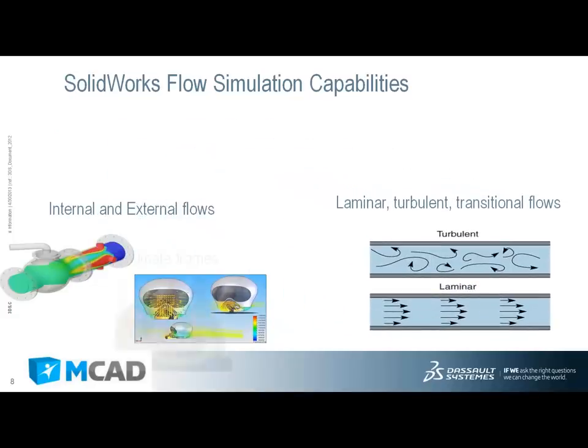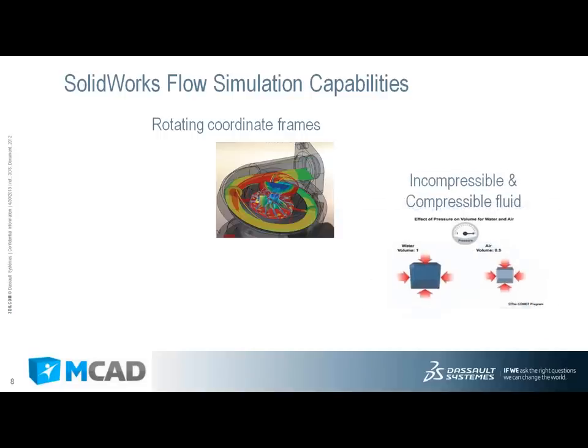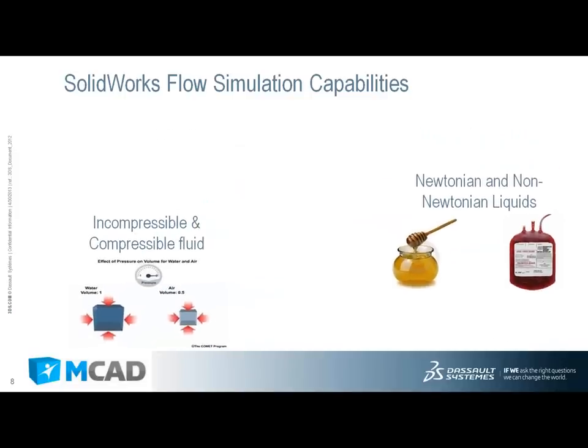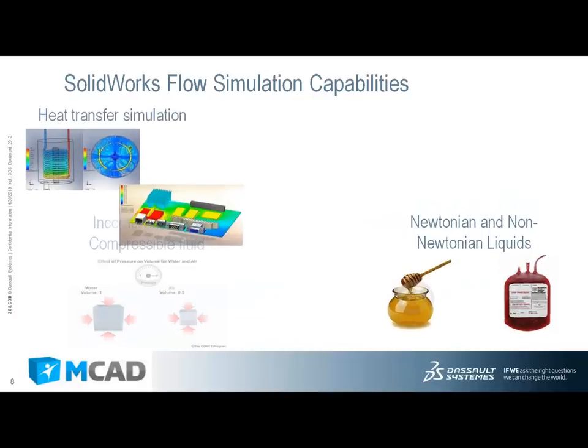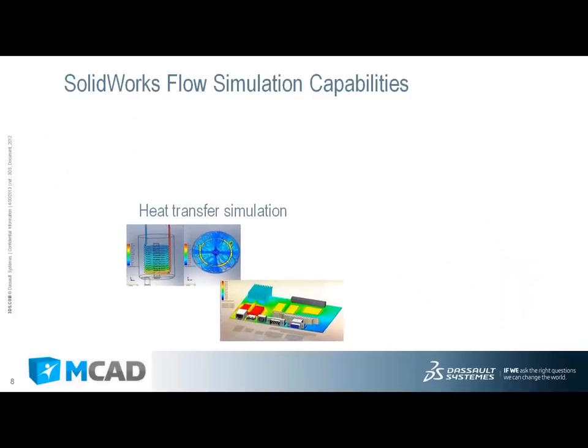So a look at some of the Flow Simulation capabilities. We can do internal and external flow, laminar, turbulent, or transitional. We can have rotating reference frames within the fluid. We can look at incompressible and compressible, Newtonian and non-Newtonian.